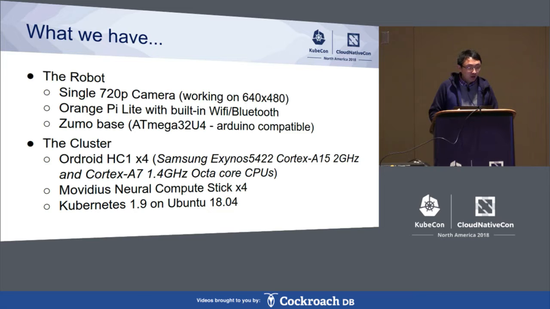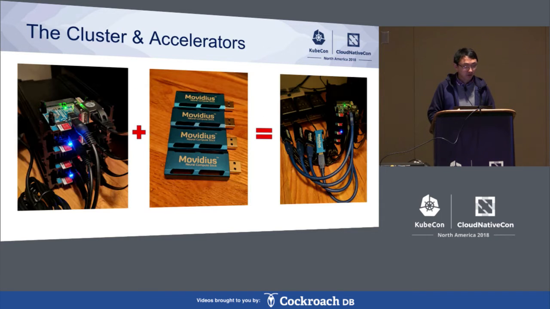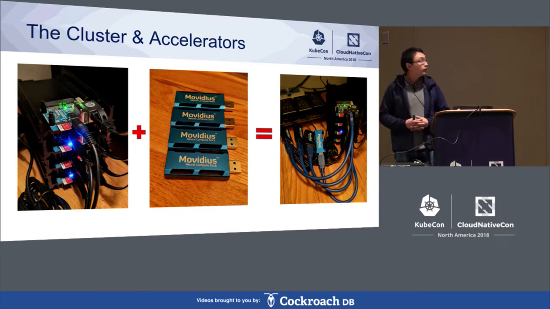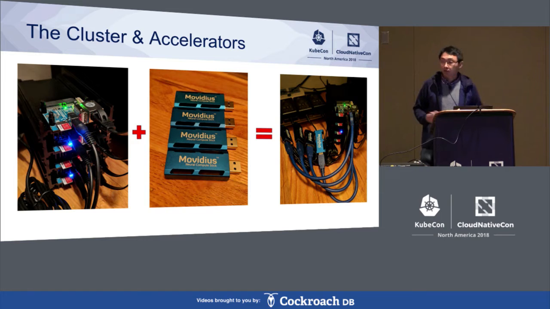And we will also run Kubernetes 1.9, at the time when I experimented with this project. So this is a picture of the cluster and the neural compute stick, and when they are wired together.